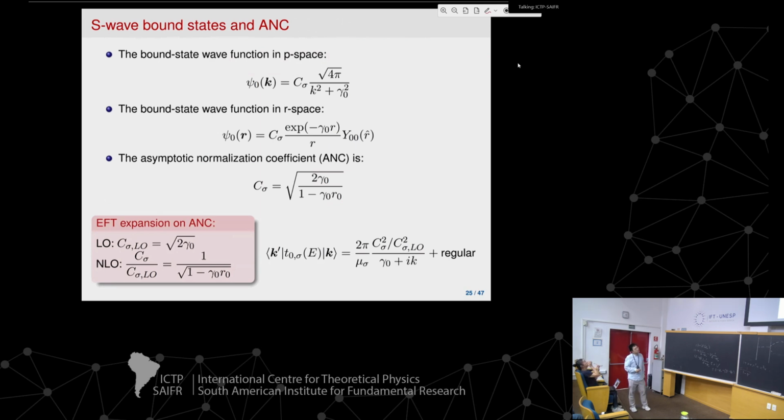So the T matrix can be written in this new form, some 2 pi over the reduced mass, and the numerator will depend only on the coefficients at leading order and next-to-leading order, ANC squared over the leading order ANC squared, and the denominator is related to the pole of this system.